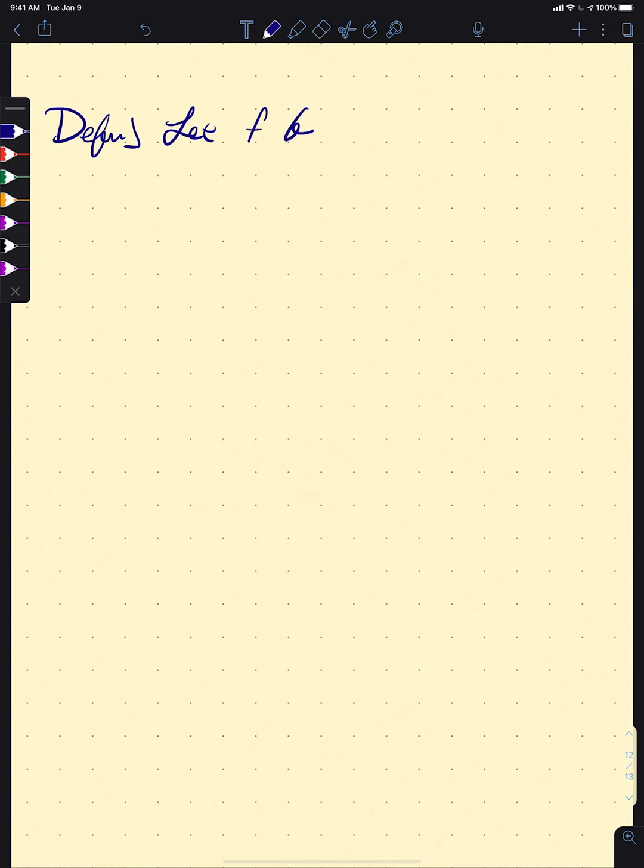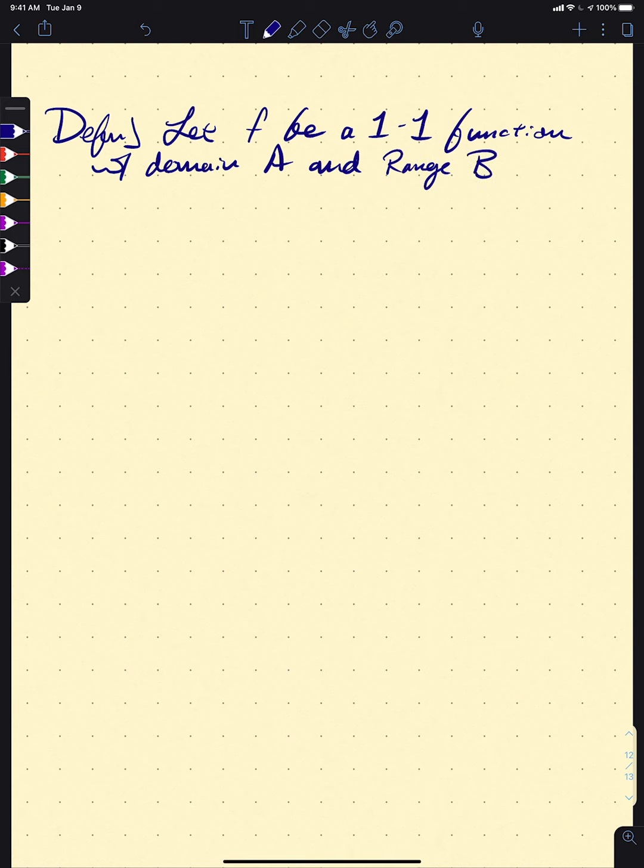So let's say let f be a one-to-one function with domain A and range B. Then we can say its inverse function, highlighting that, because sometimes I remember to highlight the words we're defining.